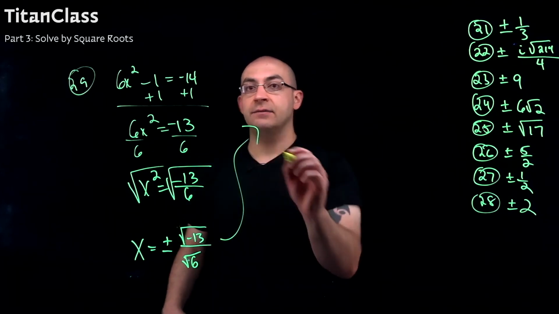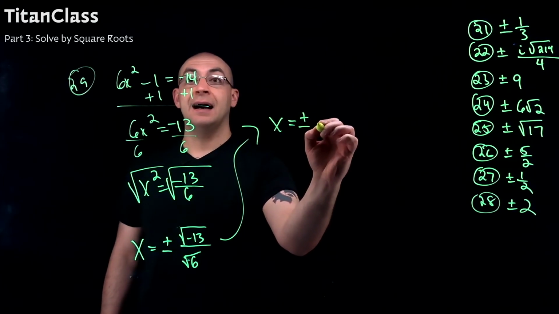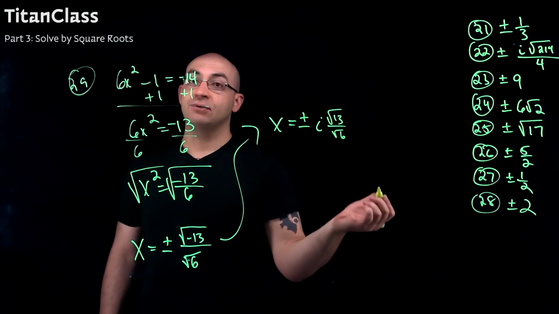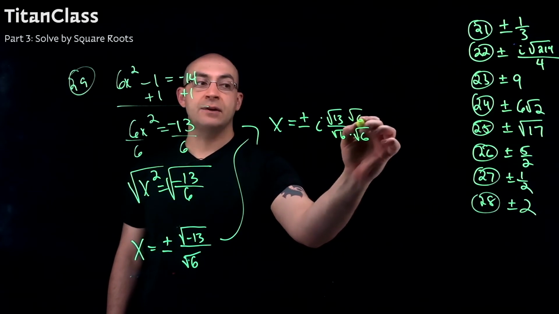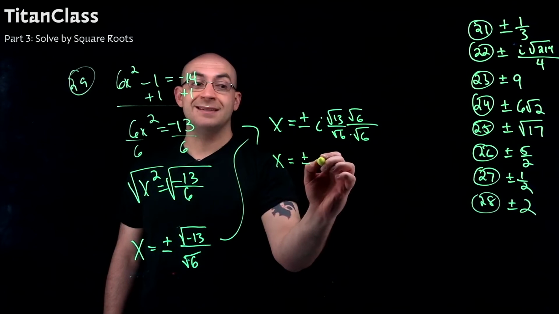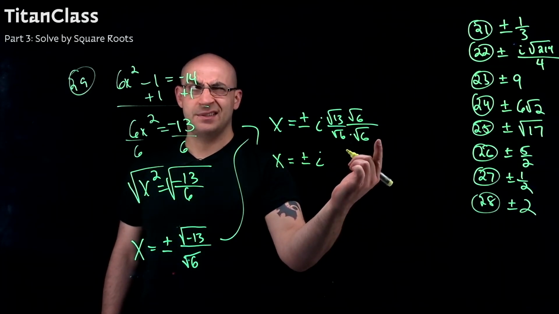So let's go ahead and reevaluate this. x equals plus or minus i root 13 over root 6. I have to rationalize the denominator though, because I'm not allowed to have a radical in the denominator. So this is going to be x equals plus or minus i root 13 and root 6 together is 78.